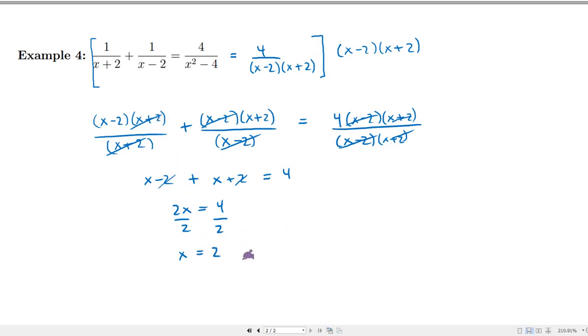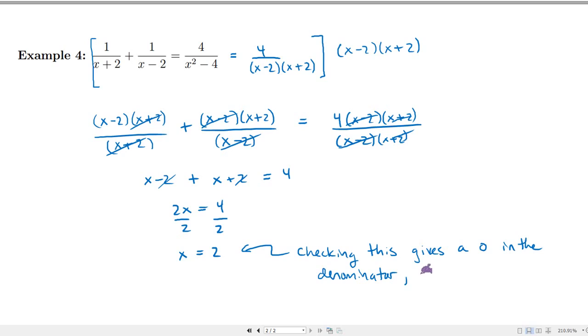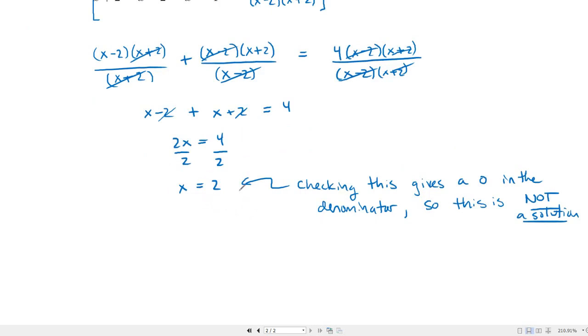So checking this gives a 0 in the denominator. So this is not a solution. So what that tells us is that was the only potential solution. So there are no solutions.